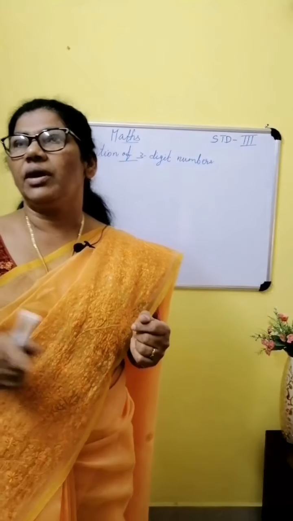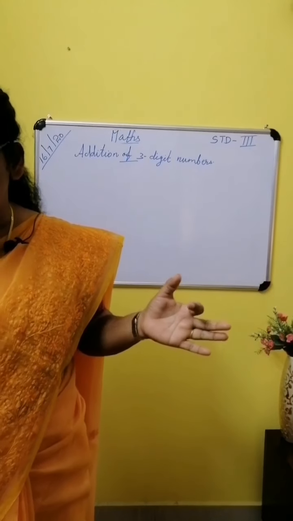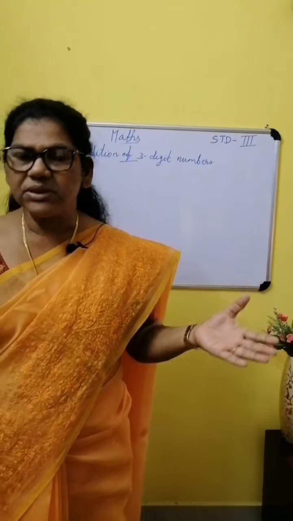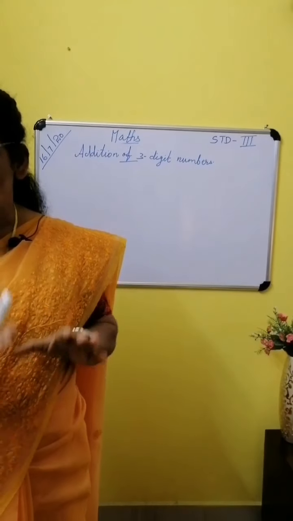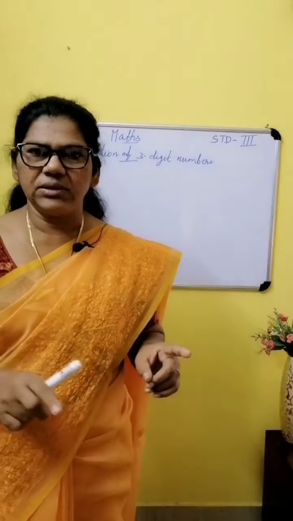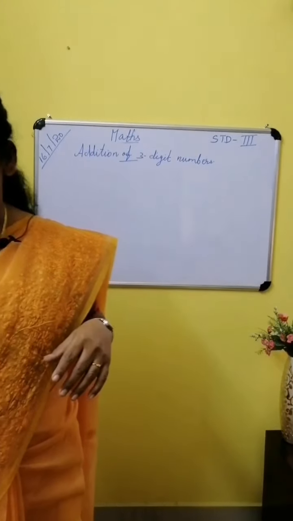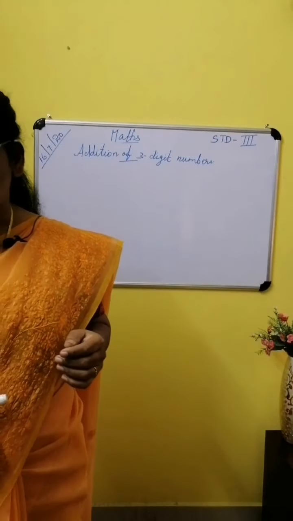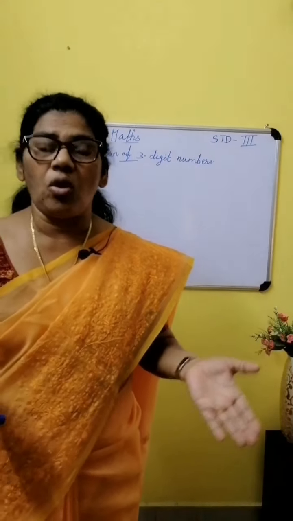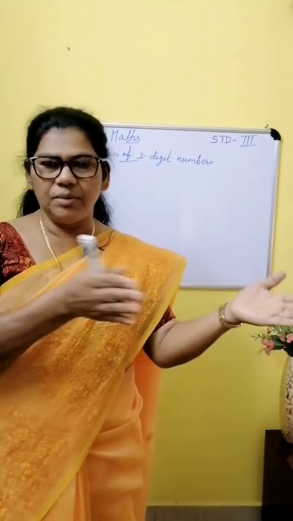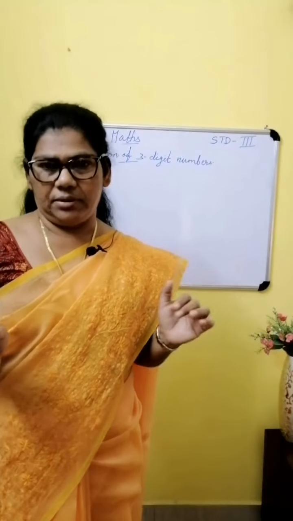Don't forget it. Then second rule, add the numbers column-wise. Be sure to add ones first, then tens, then hundreds, respectively. Write the sum correctly below the respective columns. Don't change the position of the number.